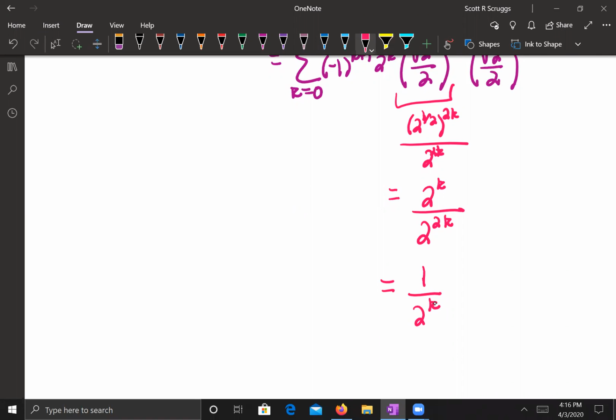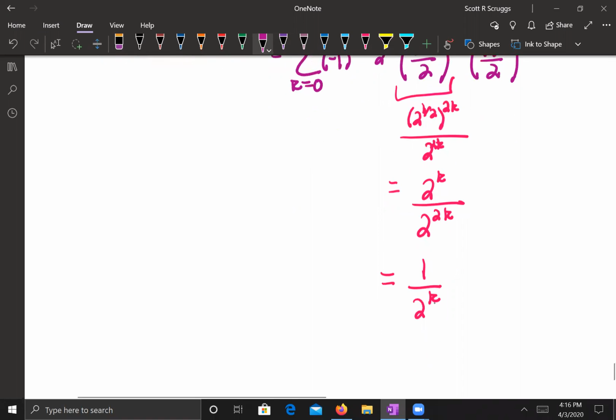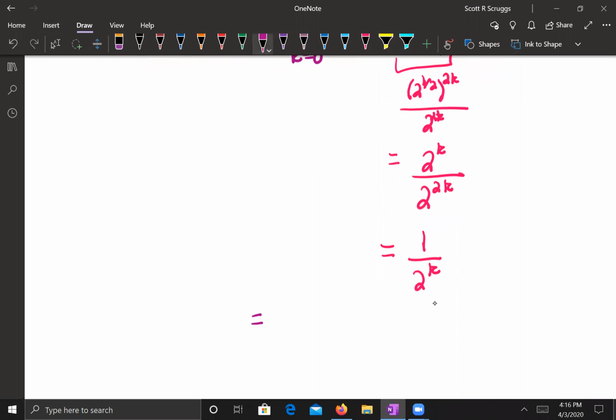So I can now substitute in root 2 over 2 to the 2k power as 1 over 2 to the kth power to give me the lovely guy: the sum as k goes from 0 to infinity of negative 1 to the k plus 1 power, 2 to the kth power, 1 over 2 to the kth power, times root 2 over 2. That's there.